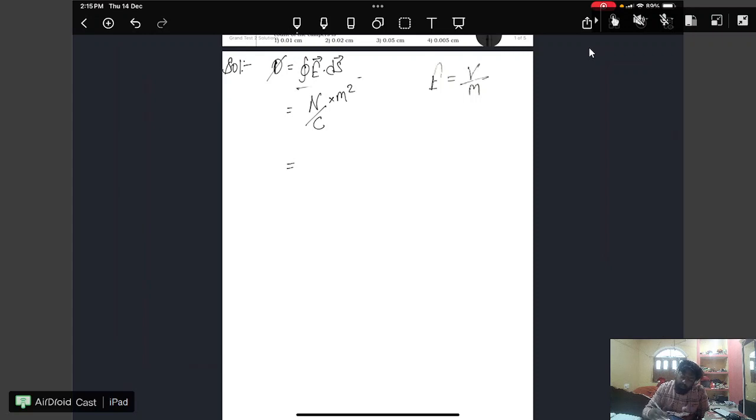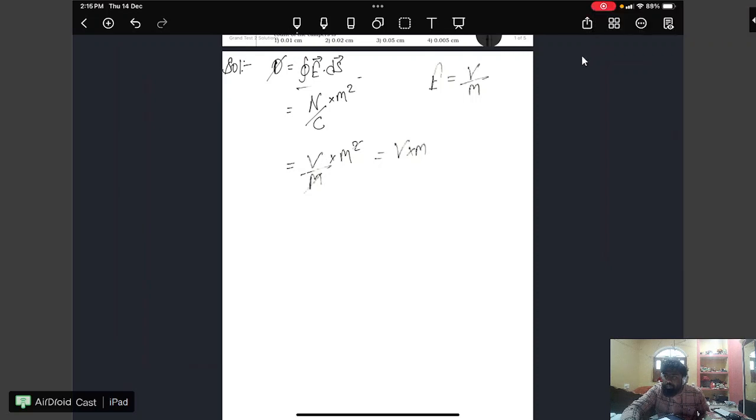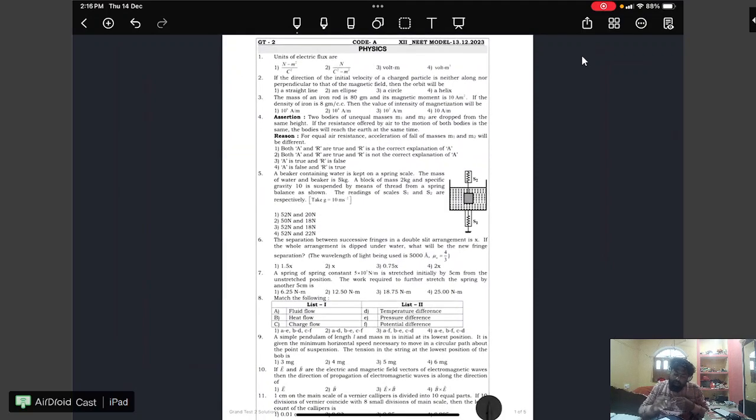So the same thing I'll write: volt per meter into meter square. Meter square cancels one meter, leaving volt into meter. So option number three, volt into meter, is the correct answer.